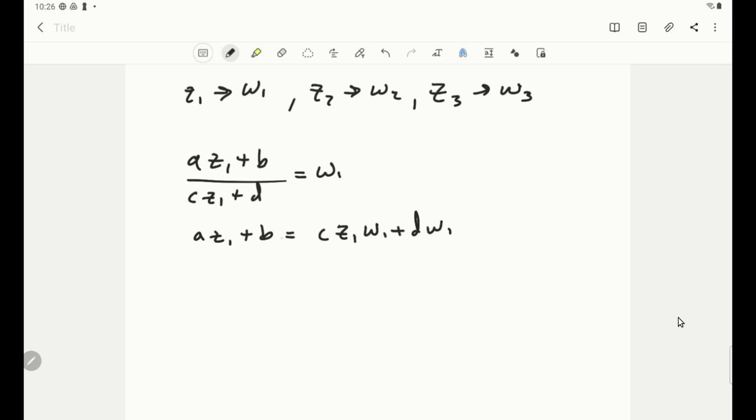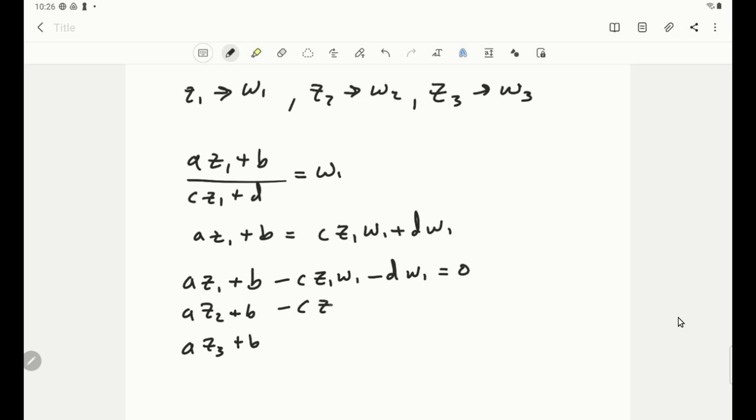And then if I move everything to the left, I have an equation that looks like this: A Z1 plus B minus C Z1 W1 minus D W1 equals 0. Now I can similarly do that with Z2 and W2 and Z3 and W3.